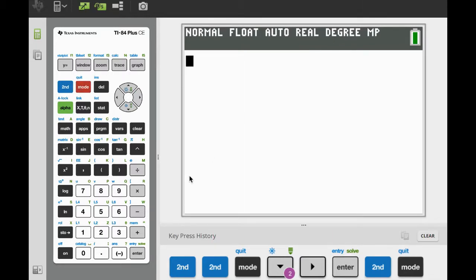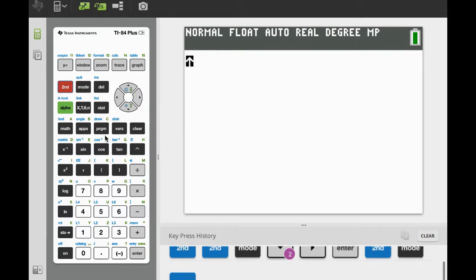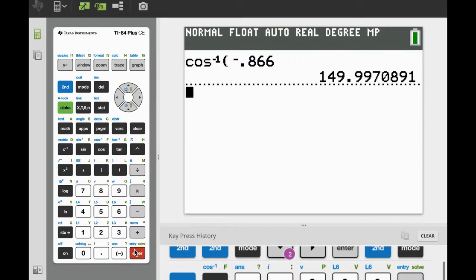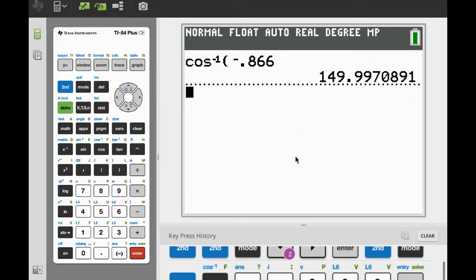So I'm going to do second cosine because I'm trying to figure out the angle of negative 0.866. And when I do that, my calculator tells me 149.9. I'm just going to make that 150, because 0.997 kind of does round up. So that would be the angle.